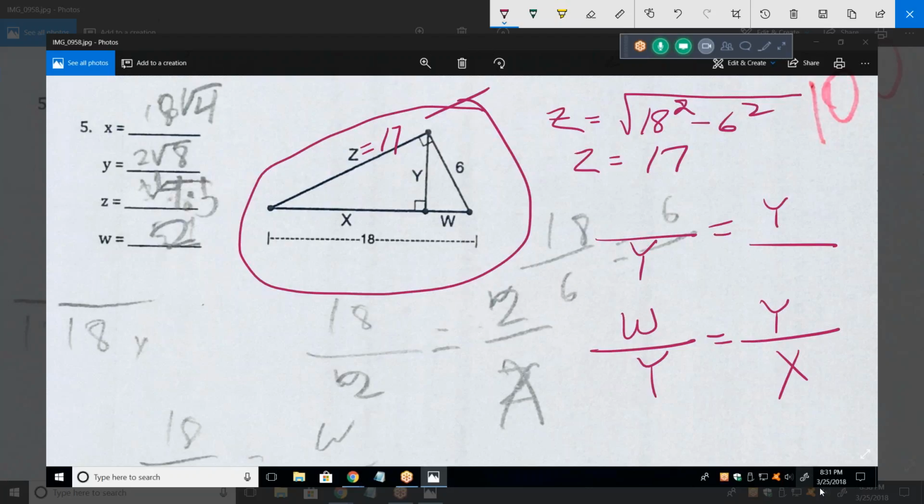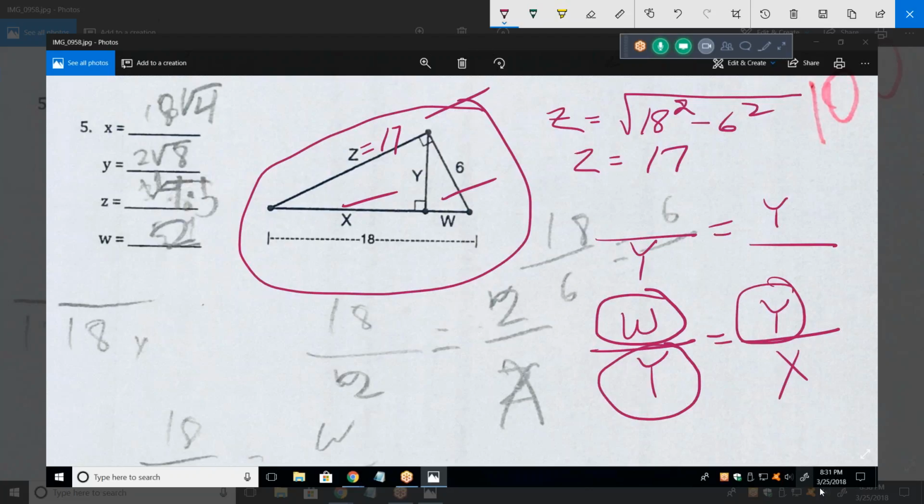In other words, it's always the same variable in the denominator on the left as it is in the numerator on the right. In the numerator on the left, we use the short side of this right triangle, and in the denominator on the right, we use the long side of the other triangle.